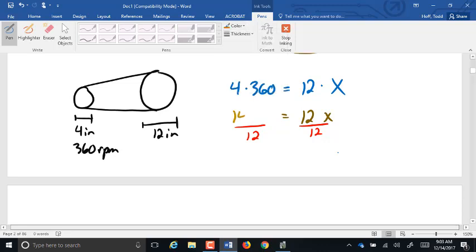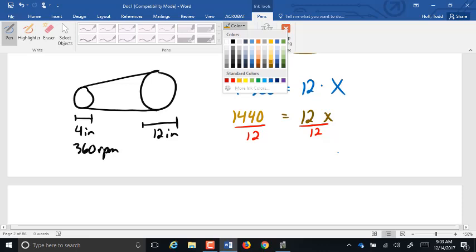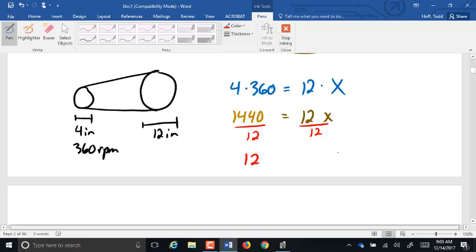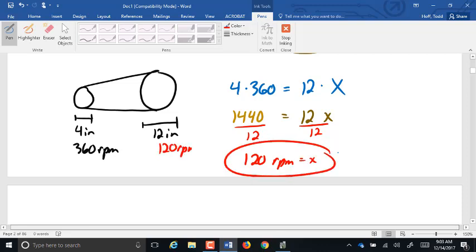Nice catch. That is 1,440 divided by 12, which is 120. So this is 120 RPM. It makes sense. The size of the pulley is 3 times the size, the RPM is 1/3 the RPM.